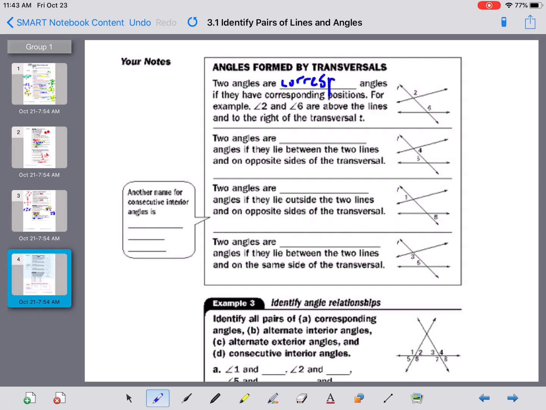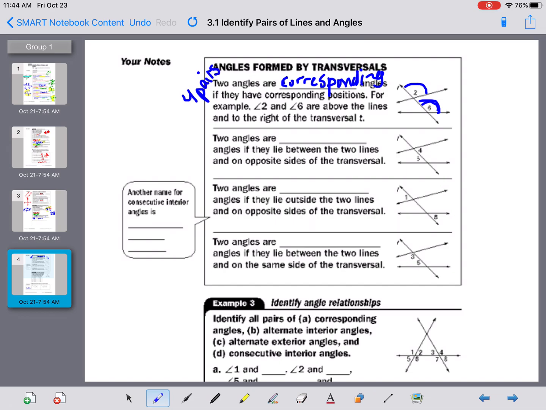If they are in corresponding positions, okay? So in this case, look at this, top right on that corner, top right on this corner, so in the same positions, that's corresponding. Remember, there's 4 pairs.